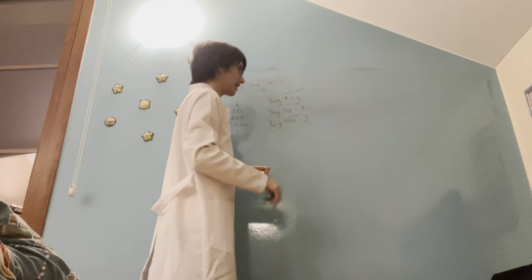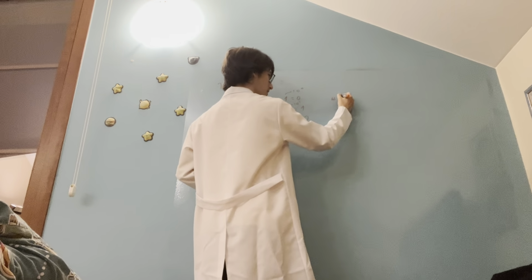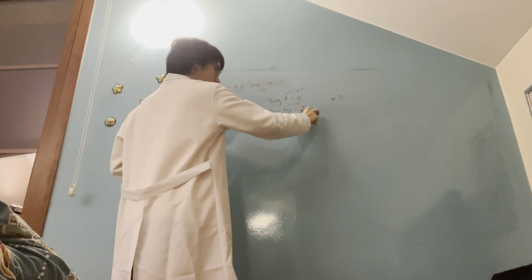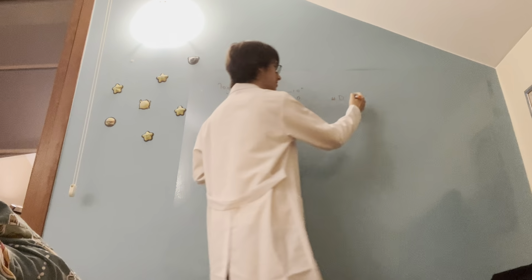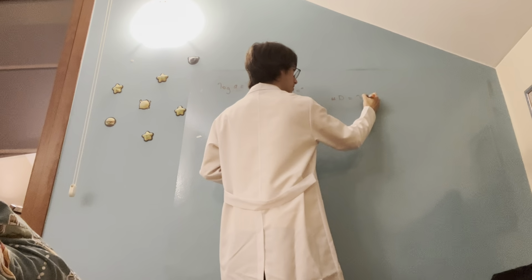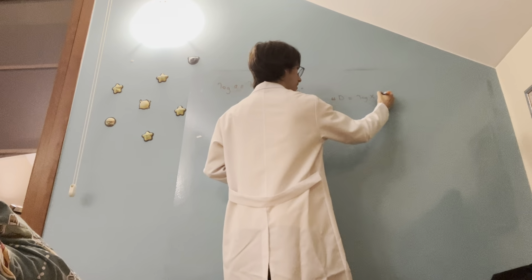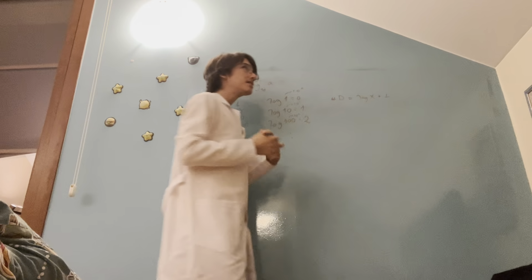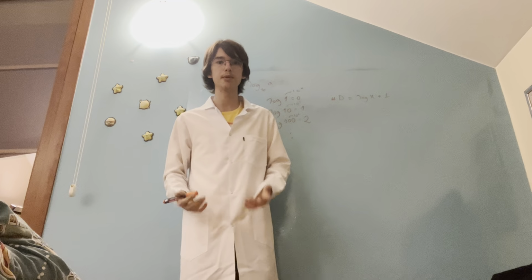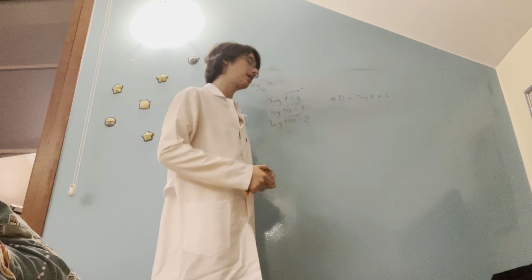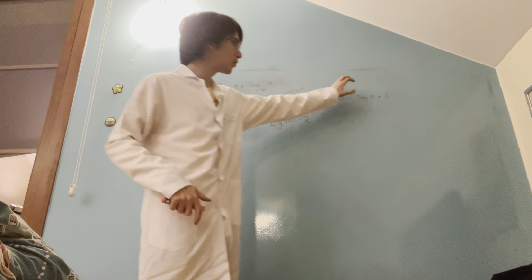Now, you might realize that the number of digits is always one more than the value that this logarithm gives you, so it's log of x plus 1. And why is that the case? Because the power of 10 gives you how many zeros you have, but you also have a 1, which goes in front, and then the zeros follow. So that's why this formula makes sense.